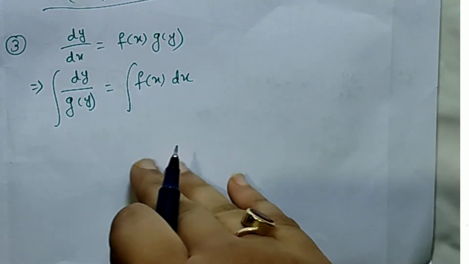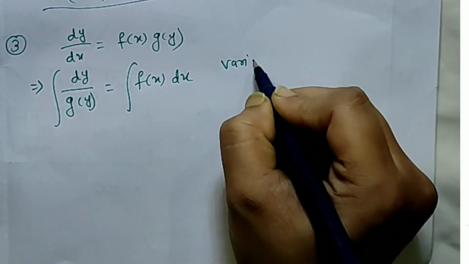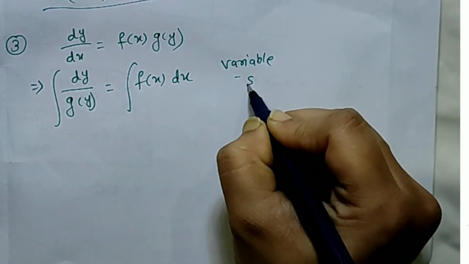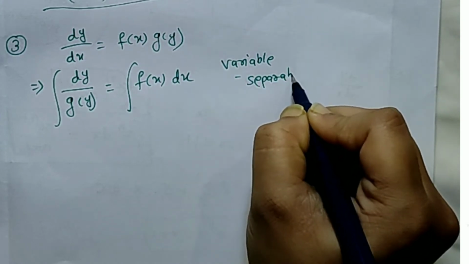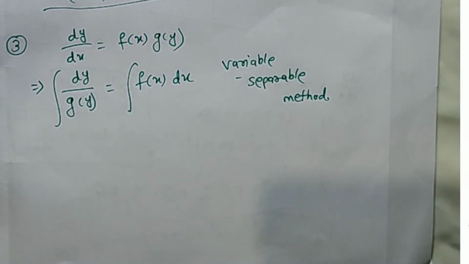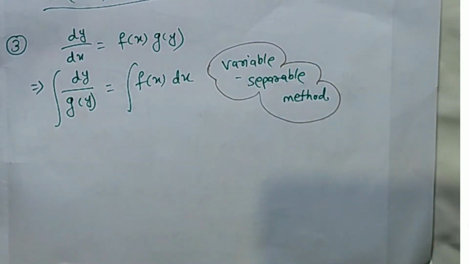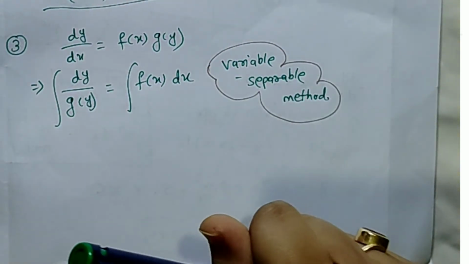This is called the variable separable method. Clear? Now let's have some examples on this form.